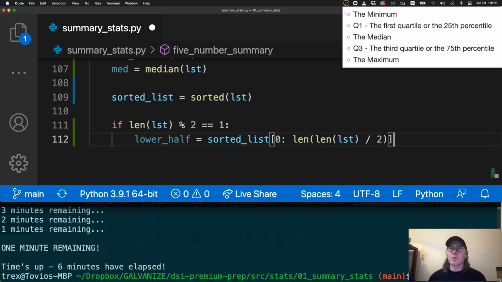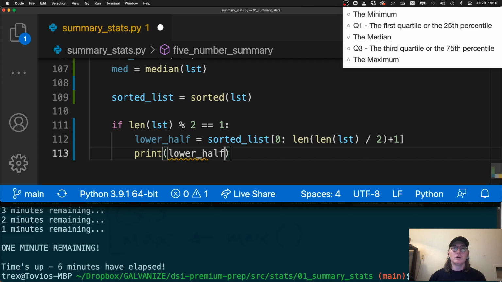And like I said, we want to be inclusive here, so I'm going to say plus 1. That's our lower half. At this point, it might make sense to just print this lower half to make sure what we have going on here makes sense.